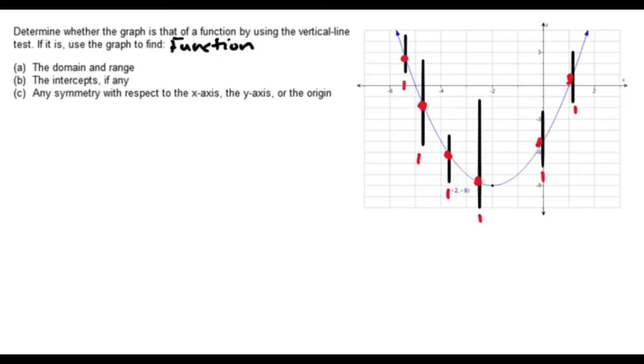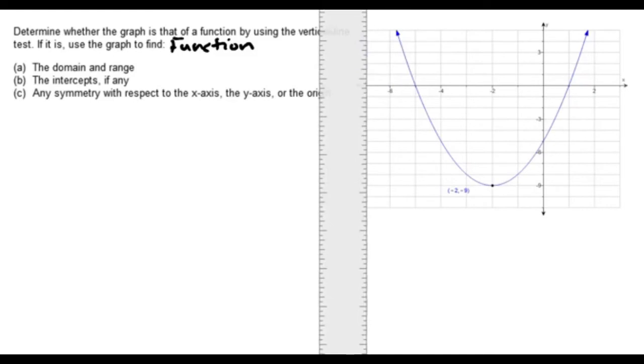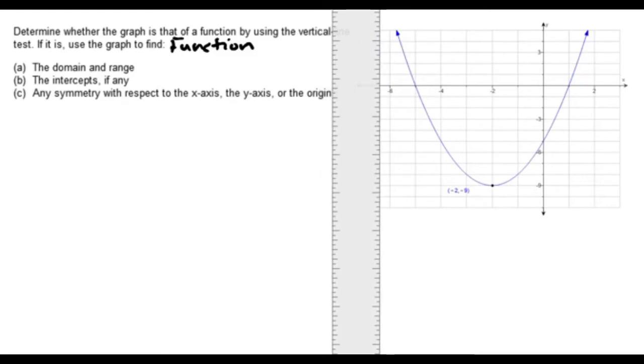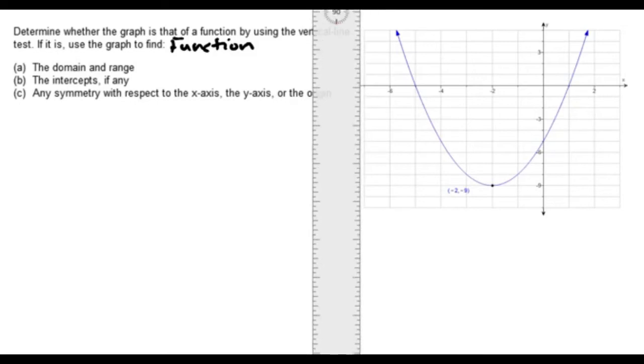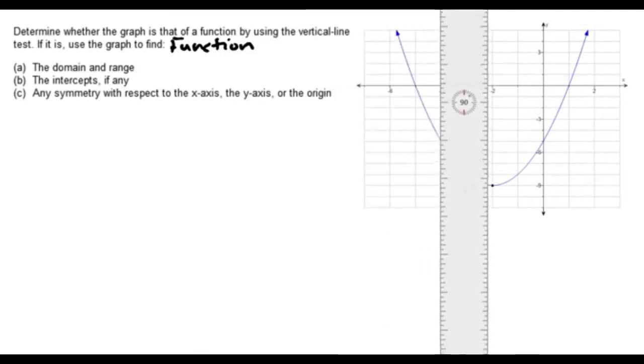So then we're going to move on to finding the domain and range. So I'll erase my markings and I'm going to get my ruler out to help me determine the domain and range. The domain is the set of all the x's. I like to hold my ruler vertically and go from left to right.